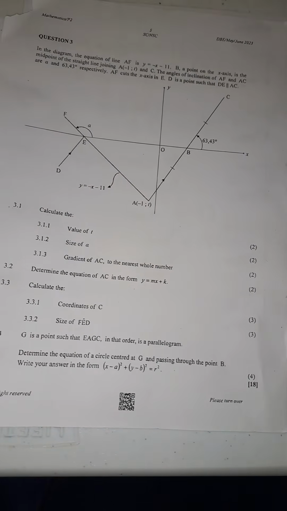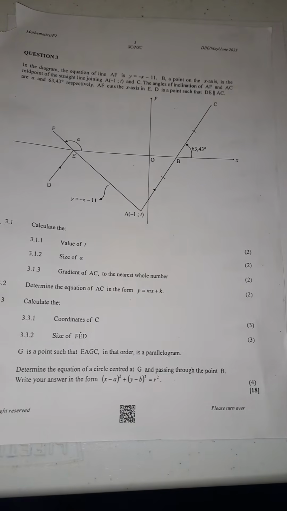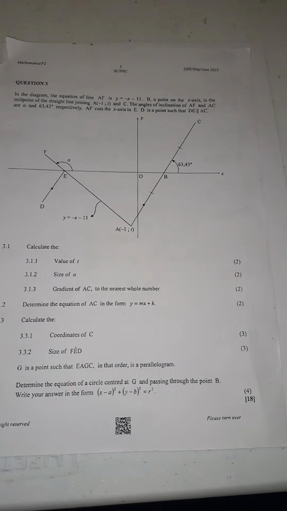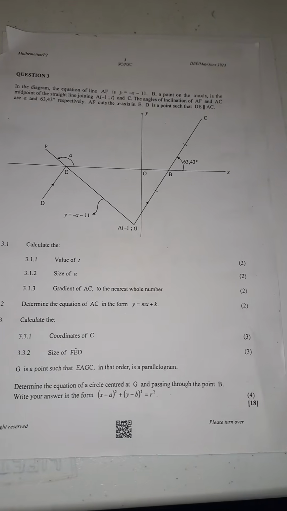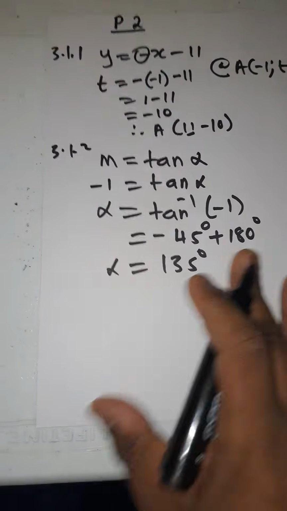It is saying 3.1.3, the gradient of AC to the nearest whole number. I can see that I don't have an equation. I only have 1 point, but I don't have the gradient. But this is what they want. Already I can see that I have this angle of inclination there, which is 63,43.